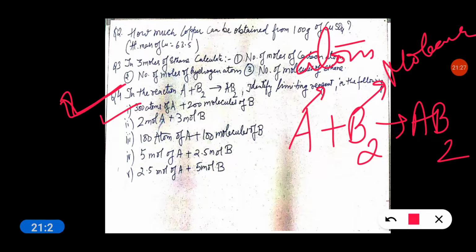First of all, 300 atoms of A and 200 molecules of B2, the ratio is 300 to 200. So from the balanced equation you can see, is it possible to react in the ratio of 3:2? No. Atoms A and molecules B2 should react in the ratio of 1:1.